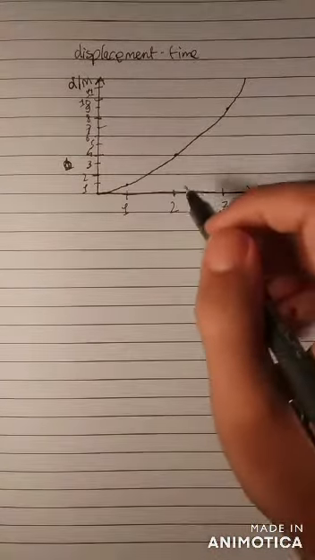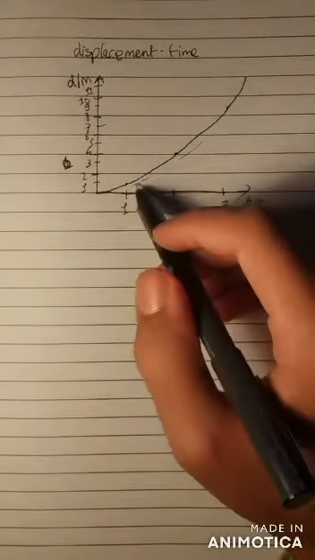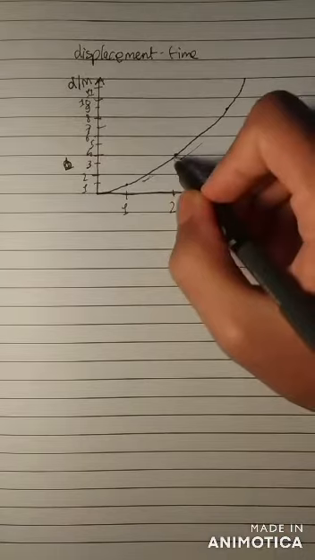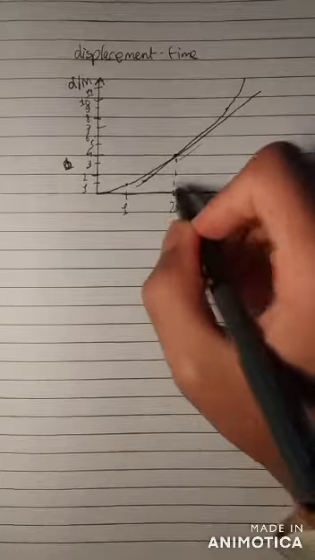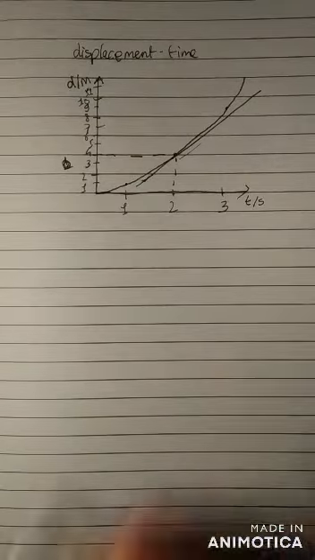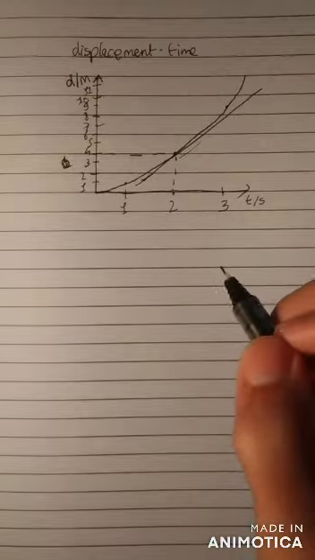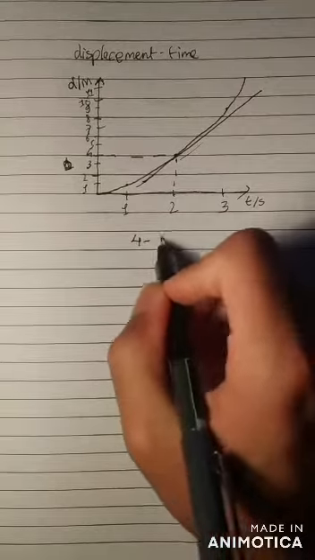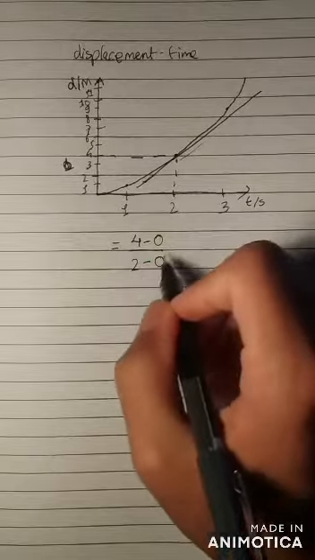Now analyze this curve. Let's draw a tangent at 2. Now this tangent has a gradient. This gradient is (y2 minus y1) by (x2 minus x1).